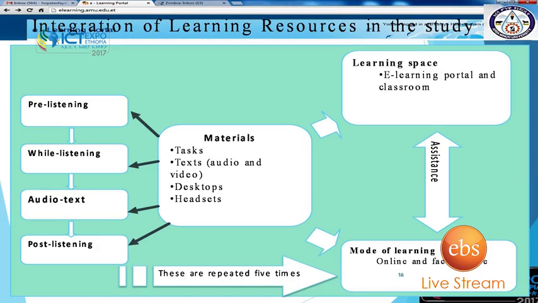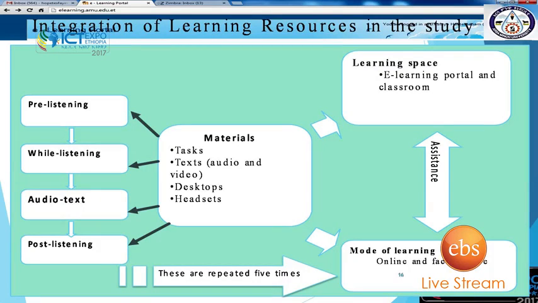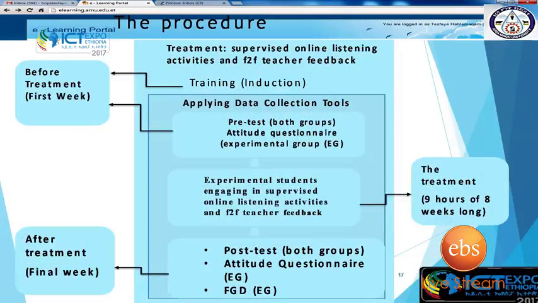The procedure: there was an induction before I gave them the pre-test and the attitude questionnaire, and after that there was the induction. The induction was about how they can access the e-learning resources using their username and password. That was a simple training they were given. I better call it induction.